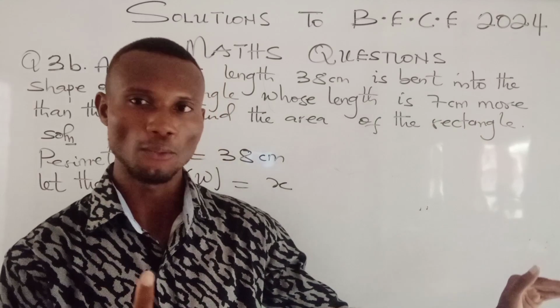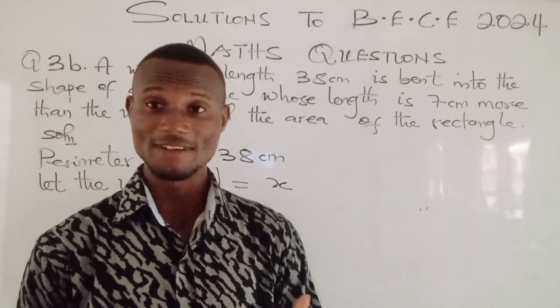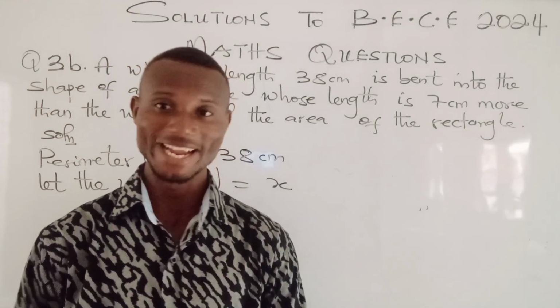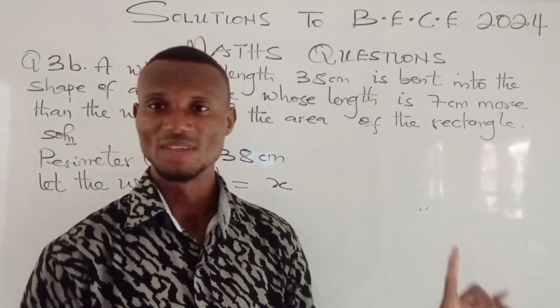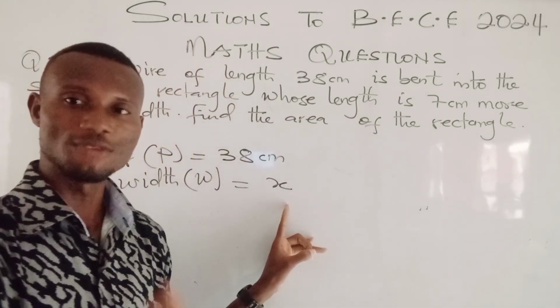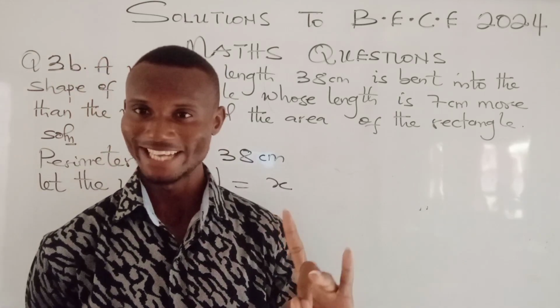And we know that the width is S, because I've explained to you that anytime you don't know the value of something in a word problem question, you represent it by a variable. So we've represented the width of the rectangle by a variable S. Now if you know that the width is S, then of course we can know the length also.